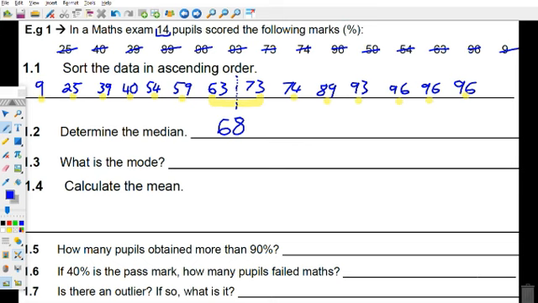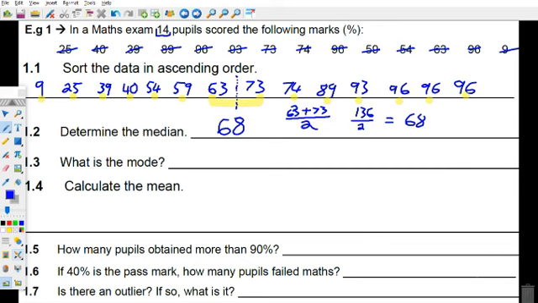So to find the median, it's 63 plus 73 divided by 2, so 136 divided by 2, which is equal to 68. My median is 68. We found the exact middle of my data.